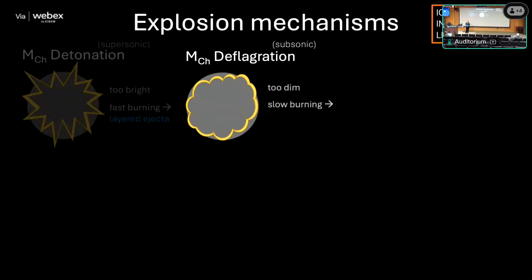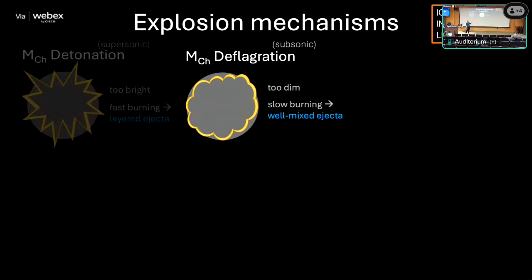Deflagration is slow burning. The star has time to react to the energy being input, and those layers start to turbulently convect and mix around. The problem is that now you puff up the star to too low of densities and you don't make enough nickel. So this slow burning with well-mixed ejecta signatures doesn't explain most normal Type Ias.